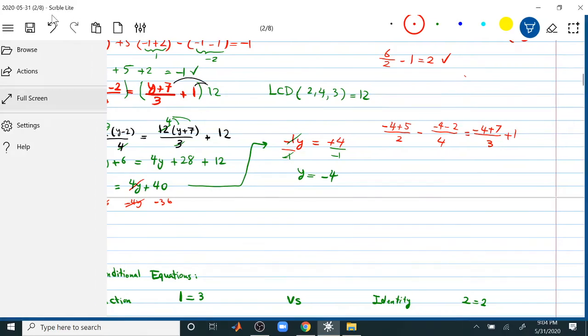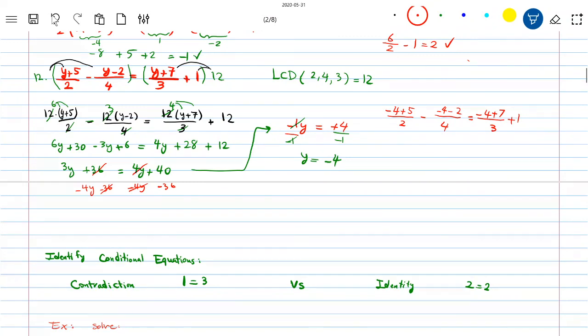So by doing this, -4 plus 5 is 1, so I have 1/2 minus, -4 minus 2 is -6, divided by 4, so -6 over 4. On the right, -4 plus 7 is 3, divided by 3, plus 1.